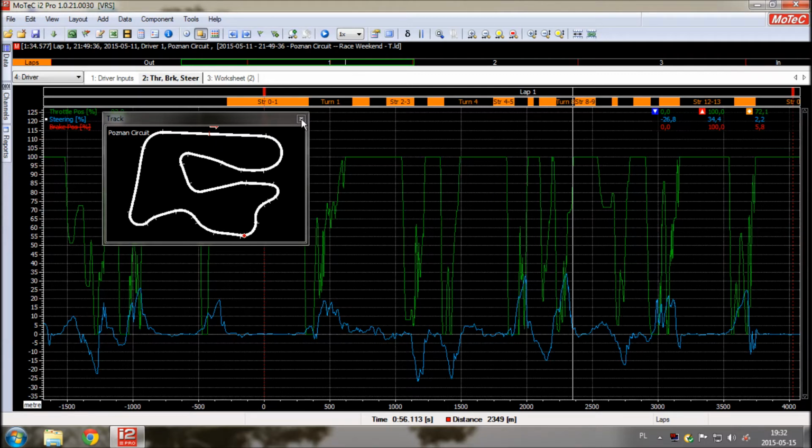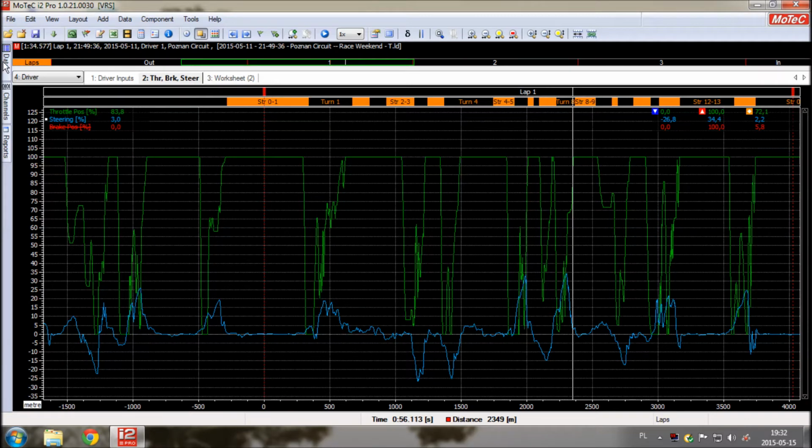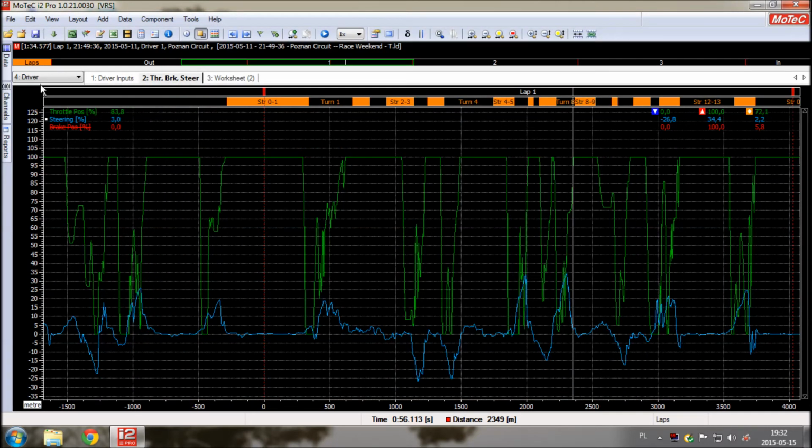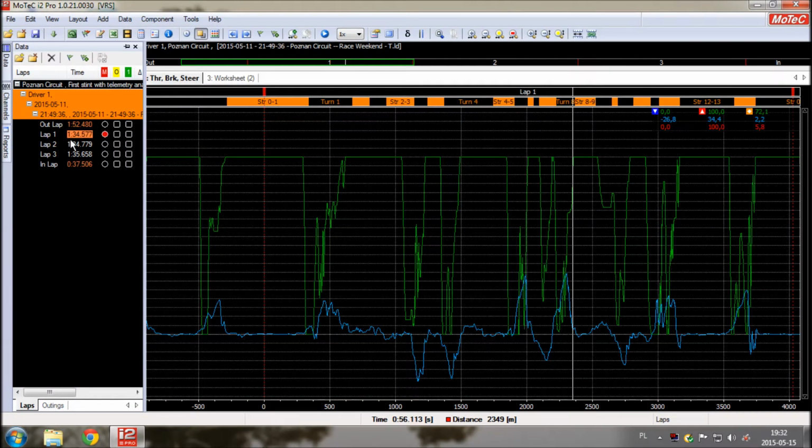Okay, and now I want to show you the second stint. And of course, after that stint, we discussed everything, and the goal was, first of all, to make more laps, because as I mentioned before, he did only 3 lap times, and his best lap time was achieved on the first lap.